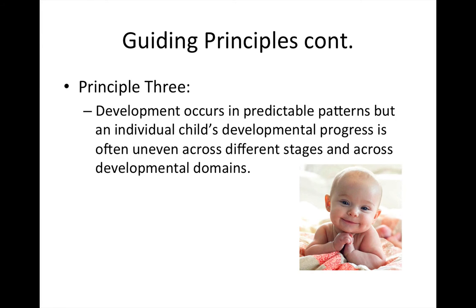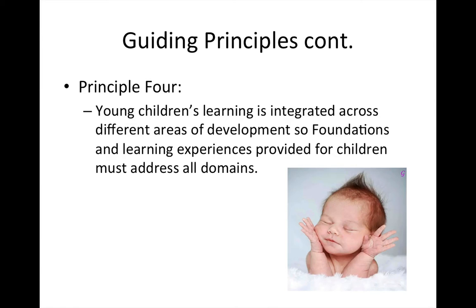But within our document, we need to remember that not every 12-month-old child is going to be walking right at 12 months. Some start earlier, some start later. So we just need to know that there are predictable steps or stages that children go through, but they're going to occur at different times.